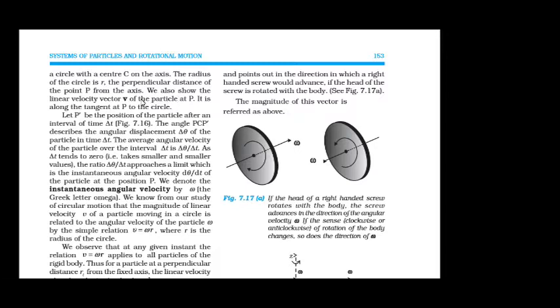We also show the linear velocity vector v of the particle at P. It is along the tangent at P to the circle.